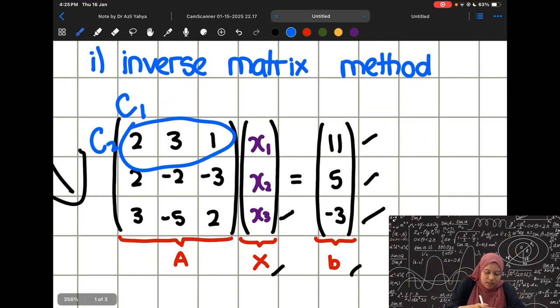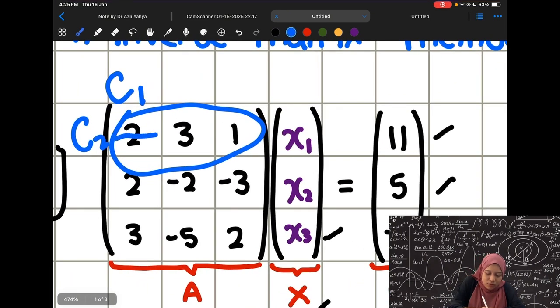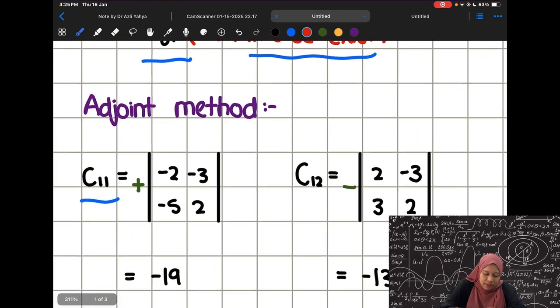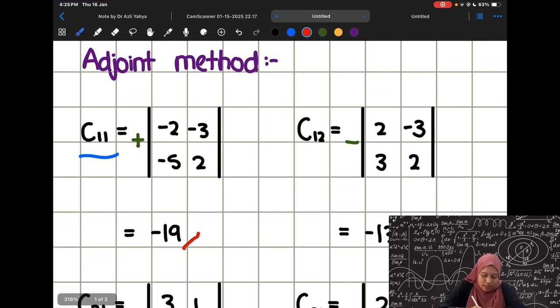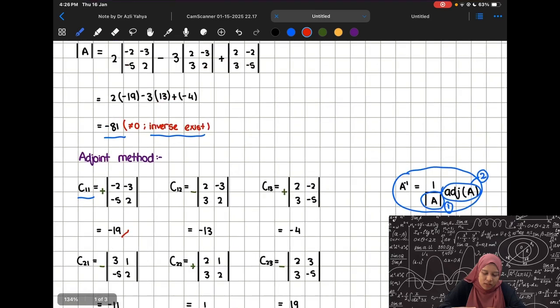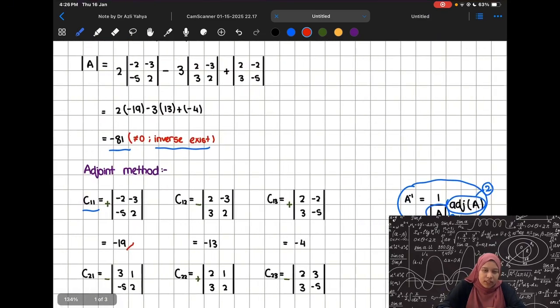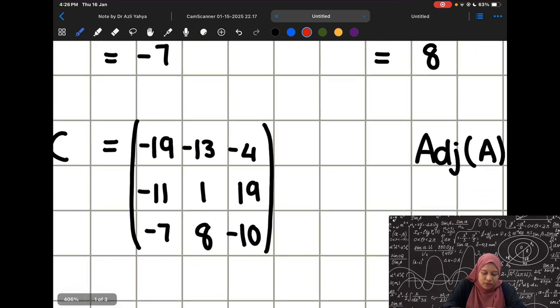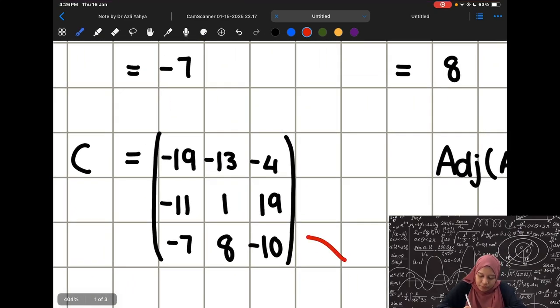So you just need to cover this and you will get this number. So just find the cofactor and you will get the answer. You need to do the same thing on every number of determinant A. Okay, after you get all the cofactor, you need to write in this form.